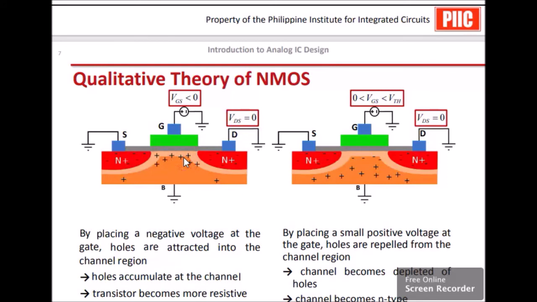Naiipon po dito yung ating holes, which makes it hard for electrons to flow from drain to source or source to drain. Or yung transistor natin becomes more resistive.